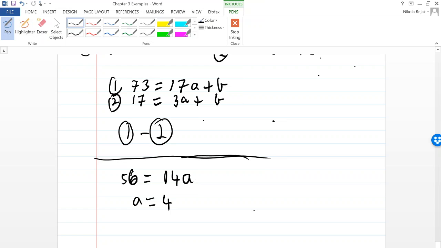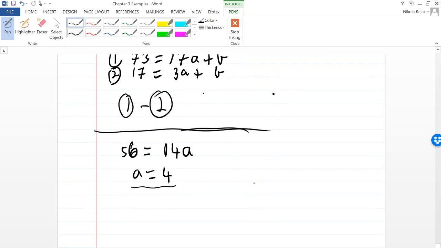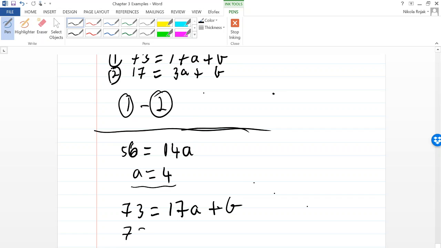We can also work out what b is by substituting the value of a into one of our equations. It doesn't matter which equation you pick. Writing out the first equation, 73 equals 17a plus b, and substituting the known value of a, 73 equals 17 times 4 plus b.